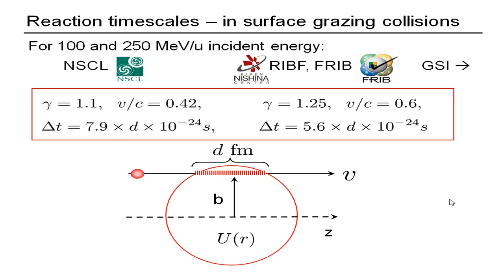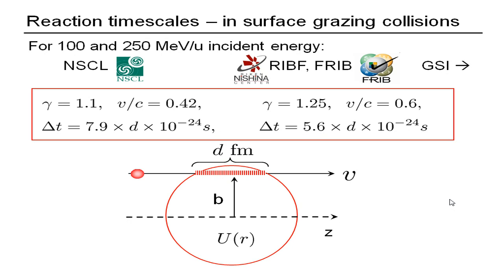And we've been talking about these collisions which graze the surfaces. The interaction will operate over some distance d of a few Fermis, maybe a small number of Fermis, just a few. And so we're talking about time scales for this interaction of the order of 8 times d times 10 to the minus 24 of a second. Okay, and if you've got 300 MeV or 250 MeV per nucleon, you don't gain so much.